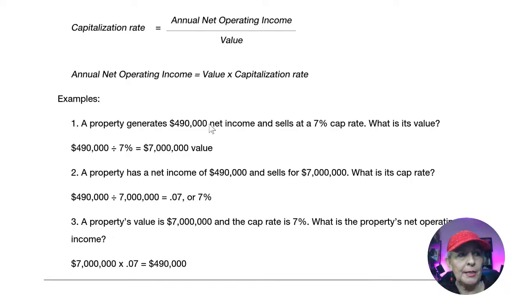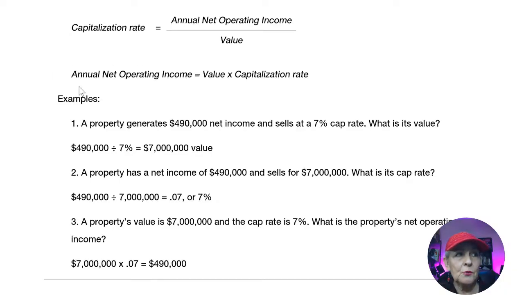So they're basically just solving backwards, checking their work. And we used to do that in math, or I did. All right, number 3, another example. A property's value is 7 million and the cap rate is 7. So now they give us the value and the cap rate. They want to know what is the net operating income.